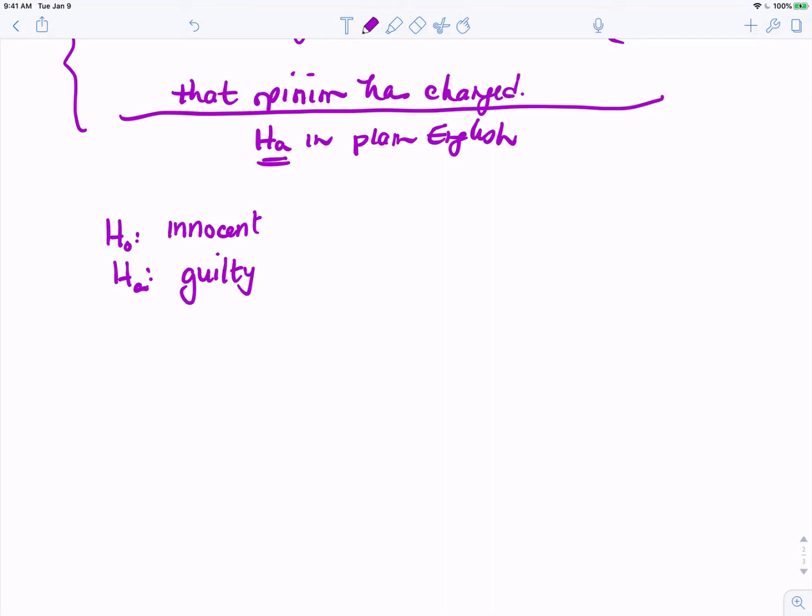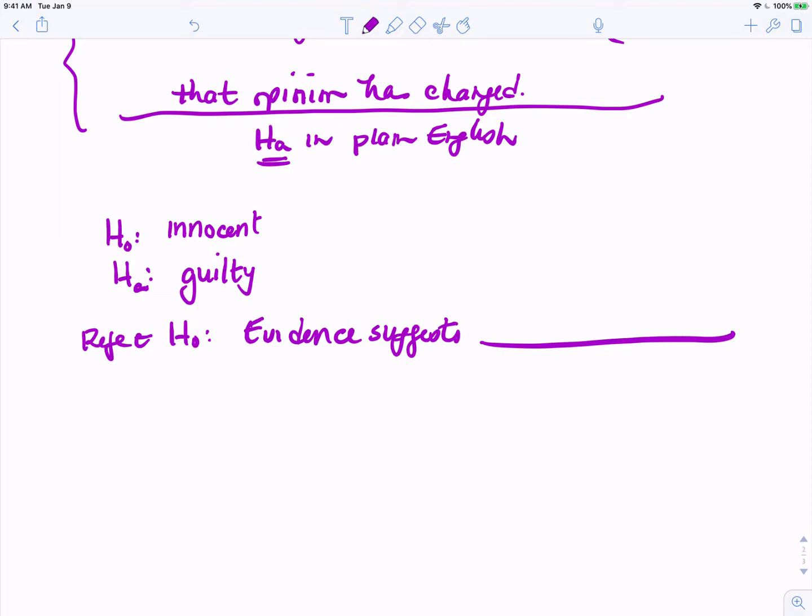And the jury weighs the evidence. If they reject the null hypothesis, then evidence suggests, and what's the alternative? The person is guilty.